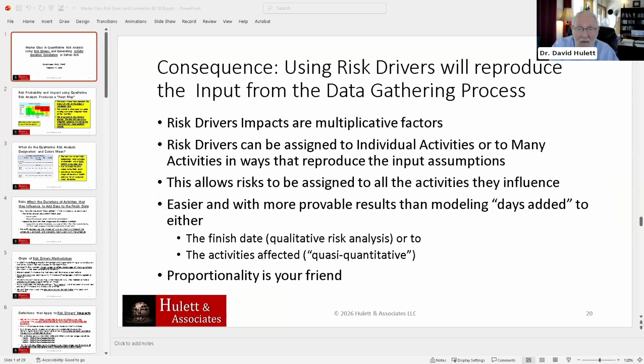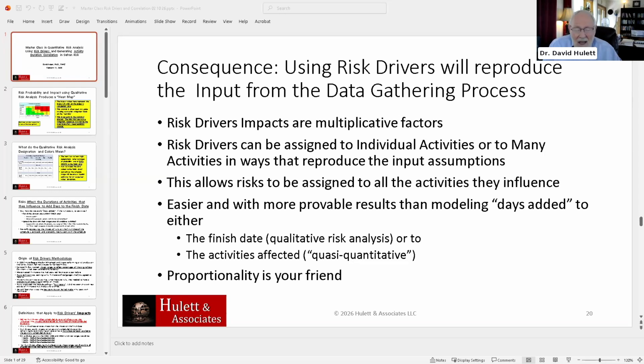Okay, so risk drivers will reproduce the input for the data gathering process. That's what you've just demonstrated. And if you went into something and you said, okay, here are the days added, very unlikely will that reflect the information in the qualitative risk analysis, for instance.